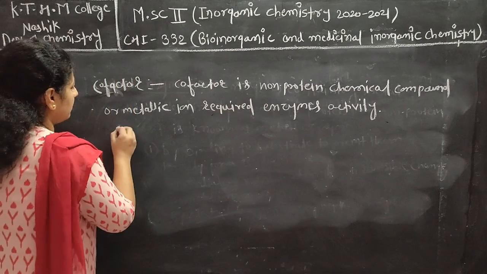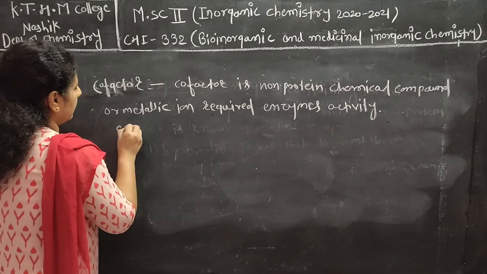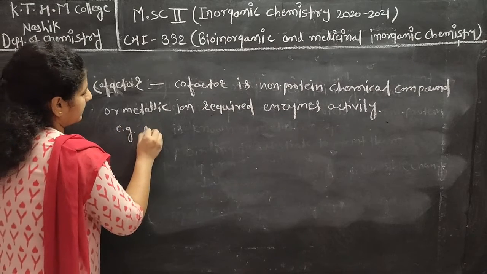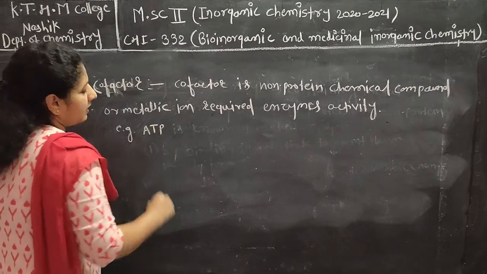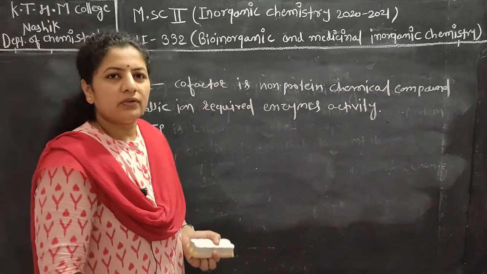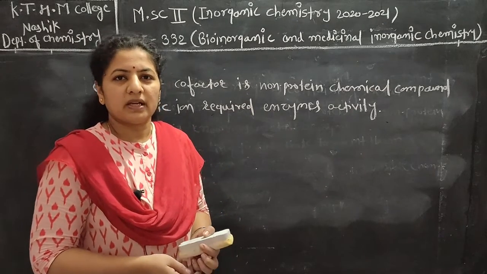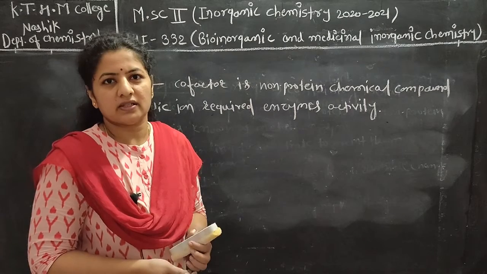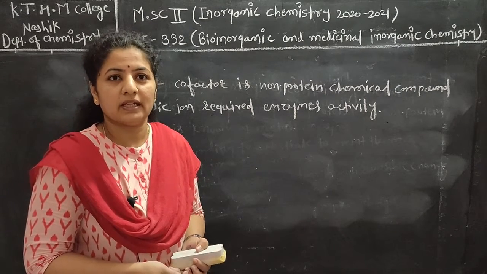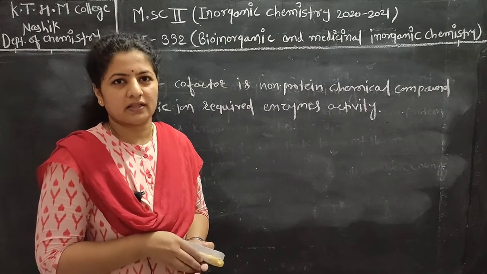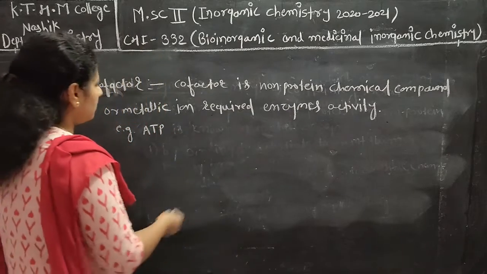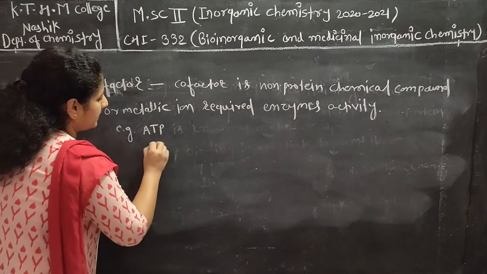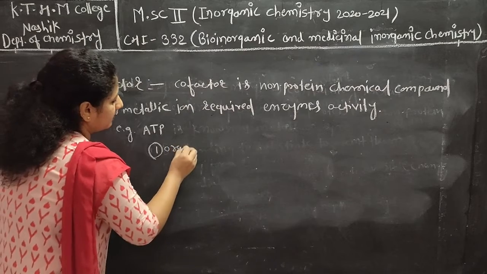An example of a cofactor is ATP. ATP has a unique ability to drive chemical processes in biological systems, such as to transport protein and to increase the enzyme's activity.